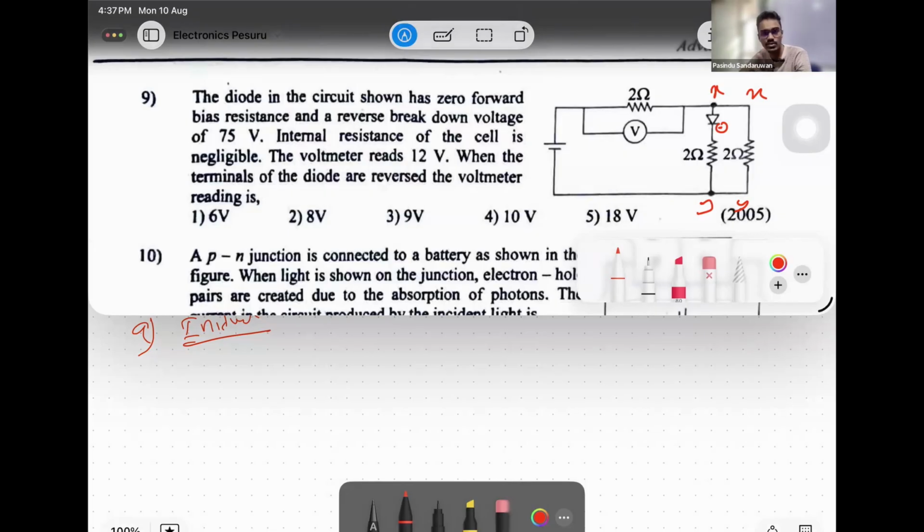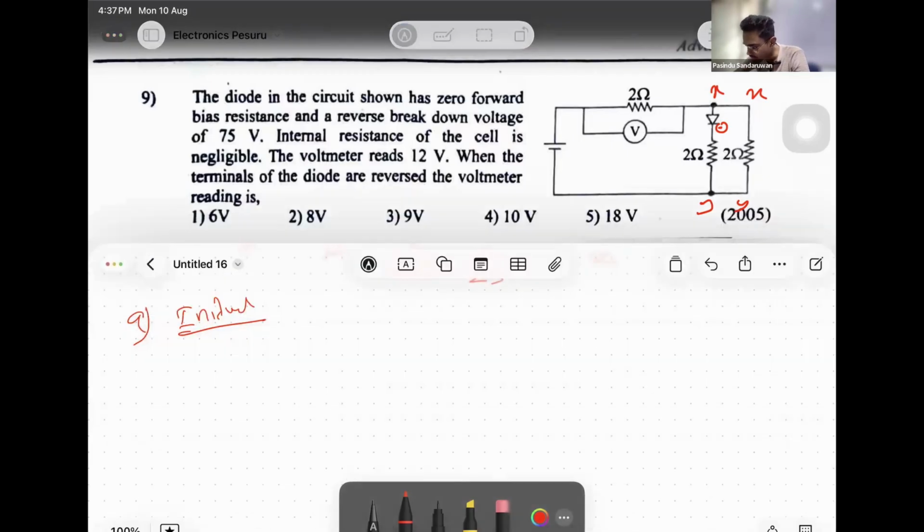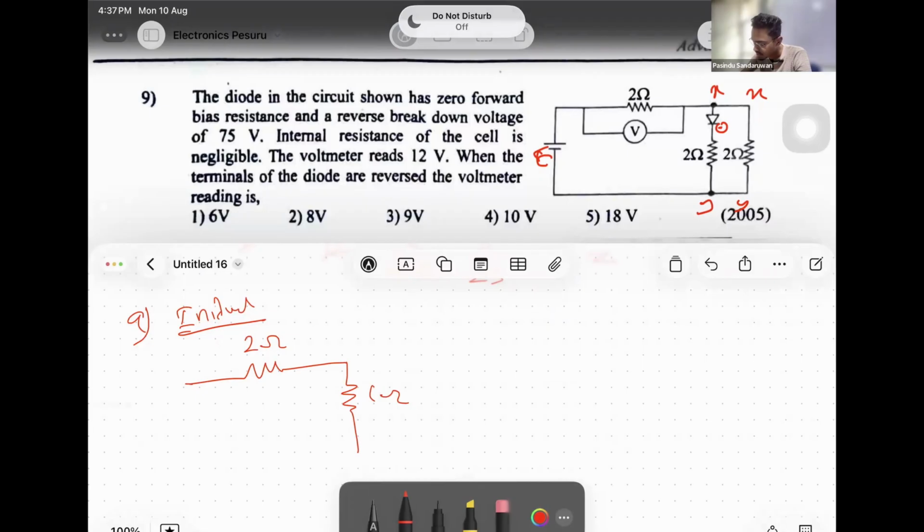Then 2 parallel 2 means 1. Then in the circuit we have resistors of 2 ohms and 1 ohm in a series combination, and it reads 12 volts across 2 ohms. Then we can find the total potential. Let's say this total potential is E. Now we have 2 ohms, this is 1 ohm, and across this you get 12 volts.